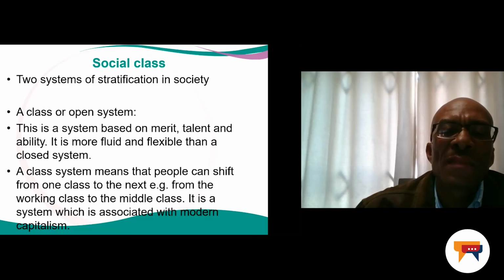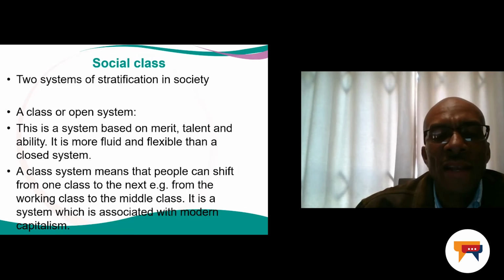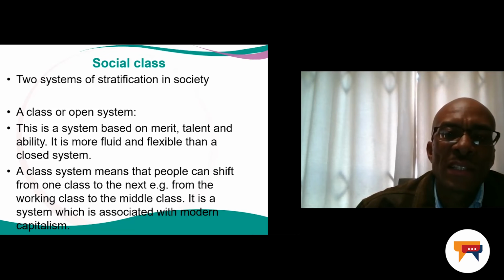It's more fluid and flexible than a closed system. A class system means people can shift from one class to the next, such as from the working class to the middle class. It's a system which is associated with modern capitalism.